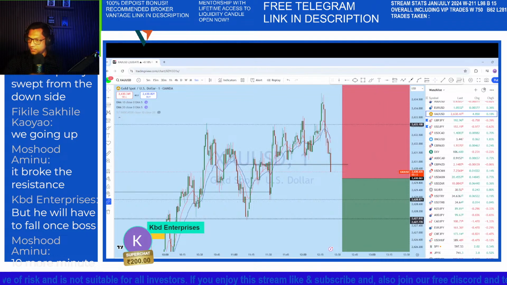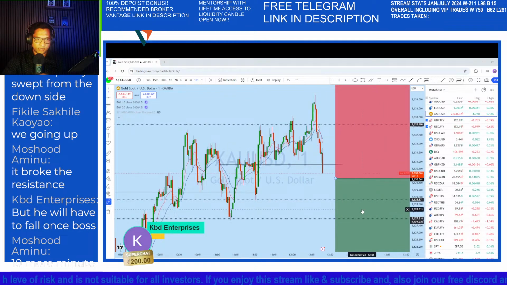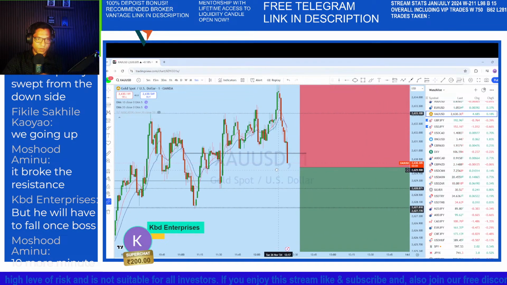Okay, so we are seeing the price is nearing to the entry and it might penetrate now below.